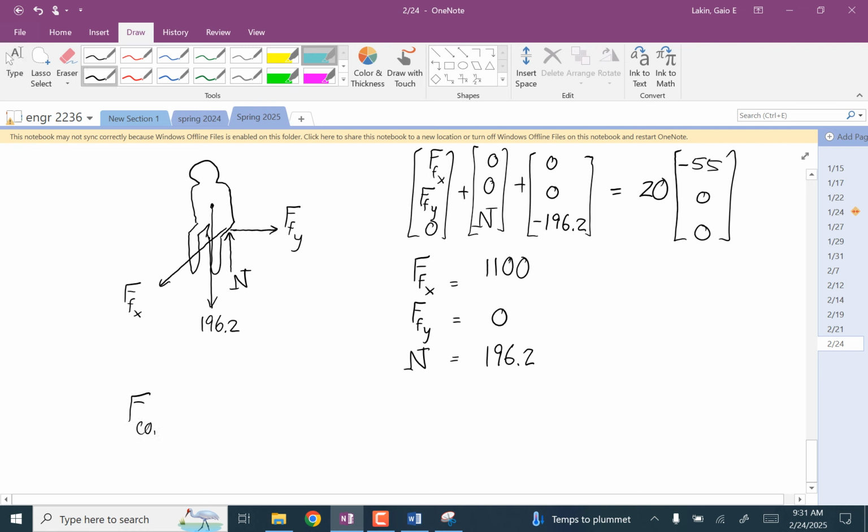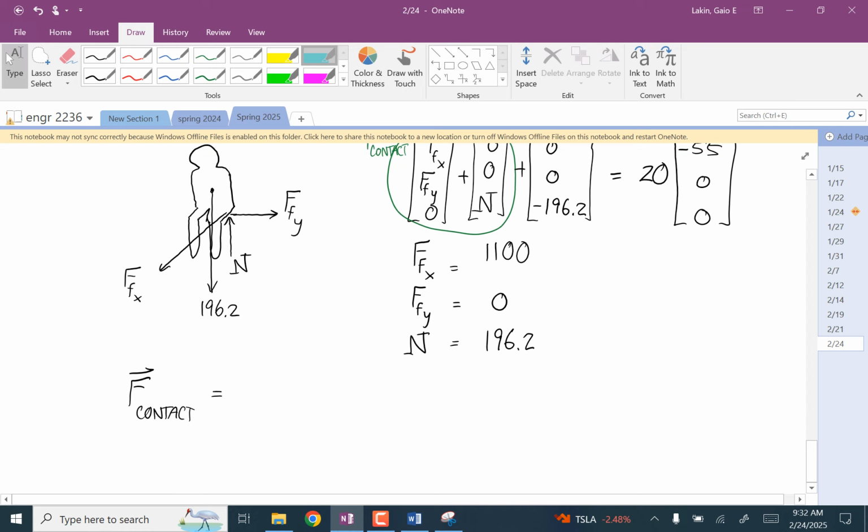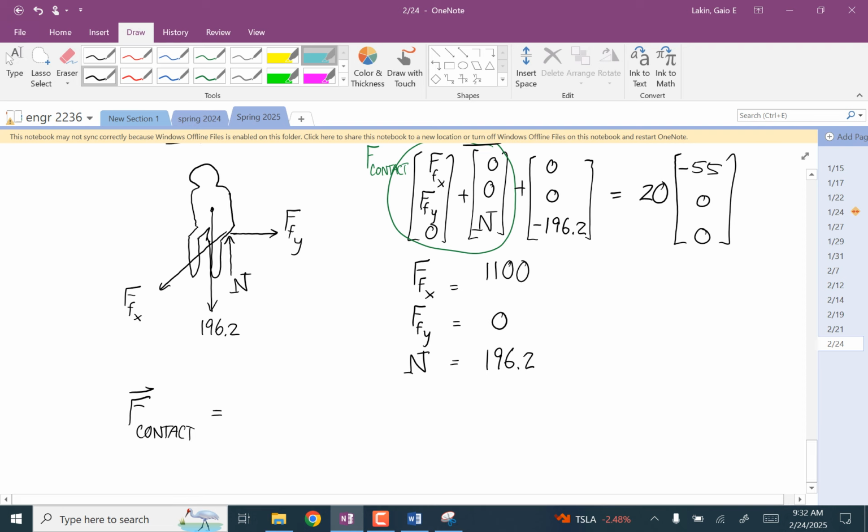And the contact force is equal to, so these two here are the contact force. So that's equal to 1100, 0, 196.2. Is there a reason that it's not negative 1100? No, it should be. Thank you.